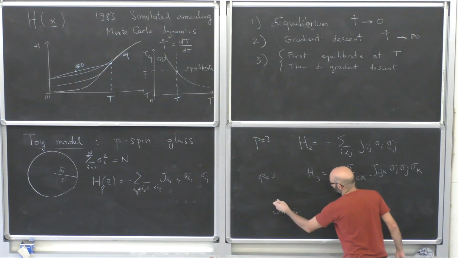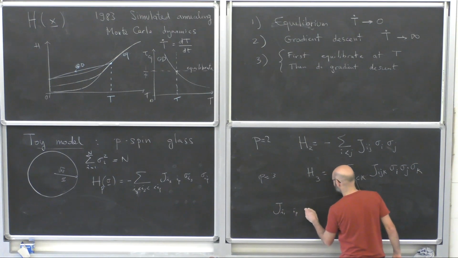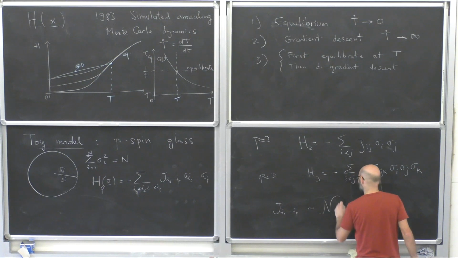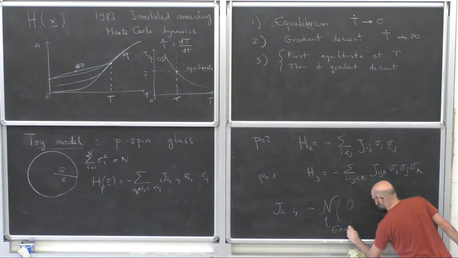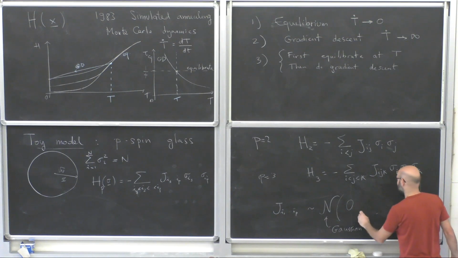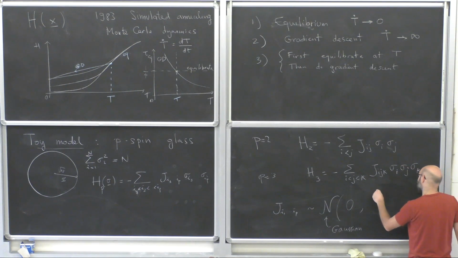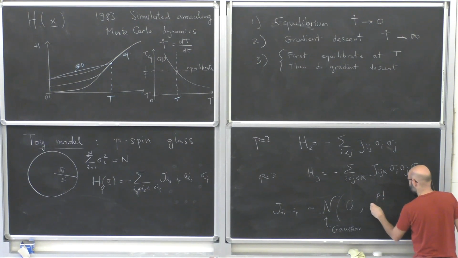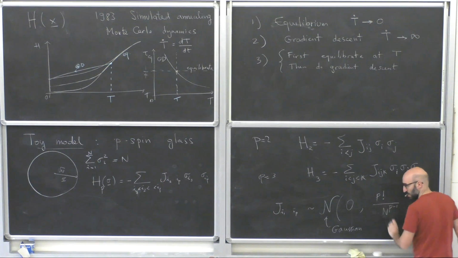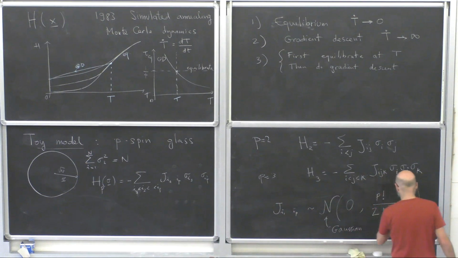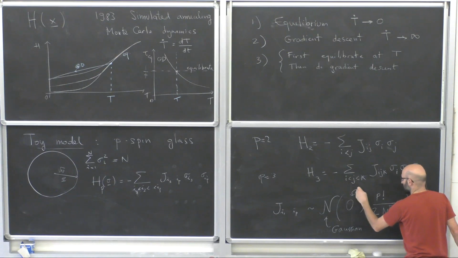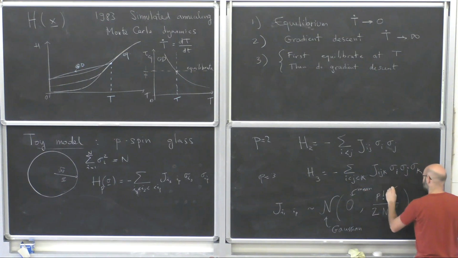And I'm going to assume that these are Gaussian with zero mean and variance P factorial divided by n to the P minus 1, maybe with a factor 2, I don't remember, yes, we put a factor 2. So this is the mean, and this is the variance.